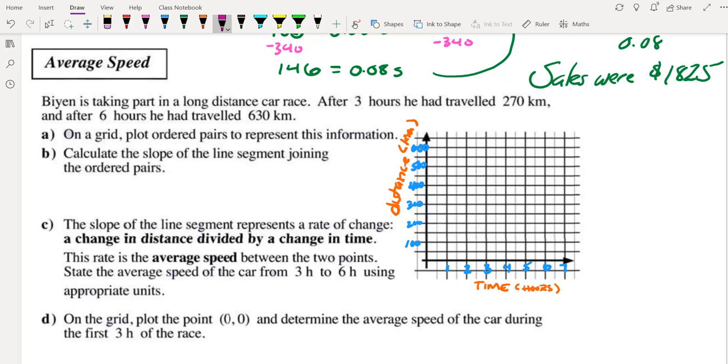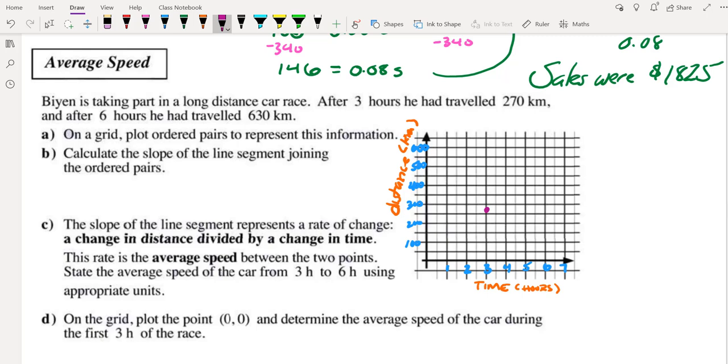So let's plot this information. After 3 hours, he's done 270 kilometers. So that would be at 3 hours, between 250 and 300, we'd have a dot like that. And next we have at 6 hours, we had 630.